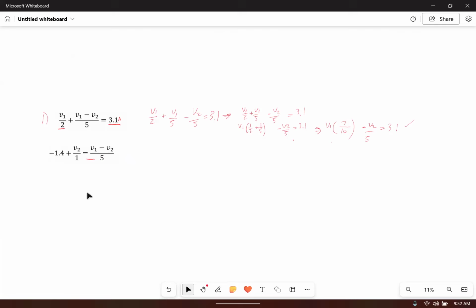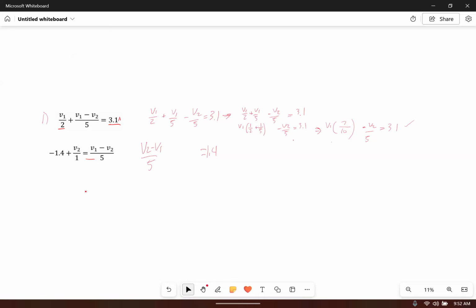All right, so now I'm going to go ahead and move the 1.4 to the other side. And I'm also going to move the V1 minus V2 to the other side. So what happens when I move the V1 minus V2 over 5 to the other side? It becomes a negative. So all I have to do is put a negative out front, which means the V2 and the V1 swap polarities, correct?